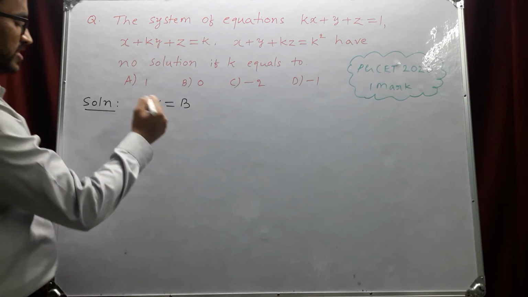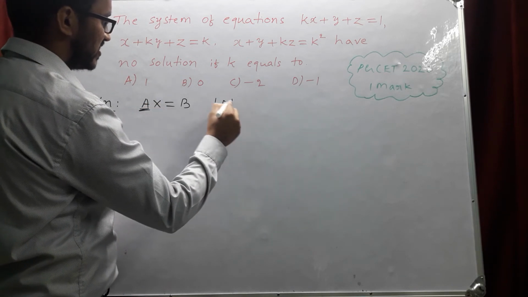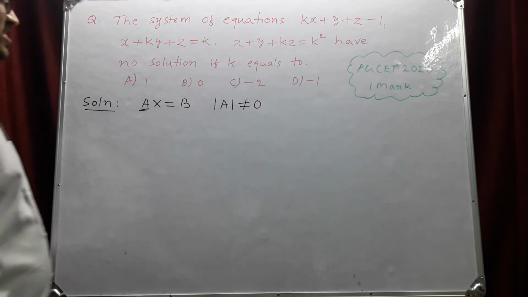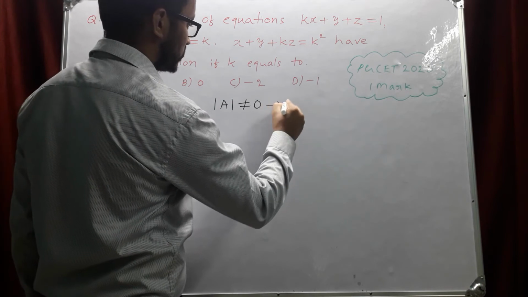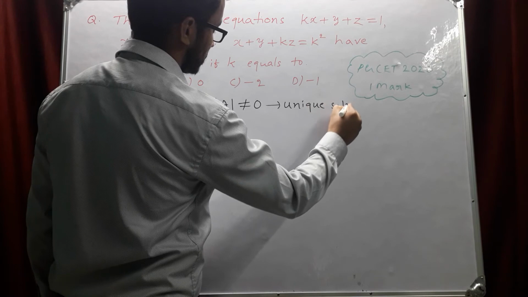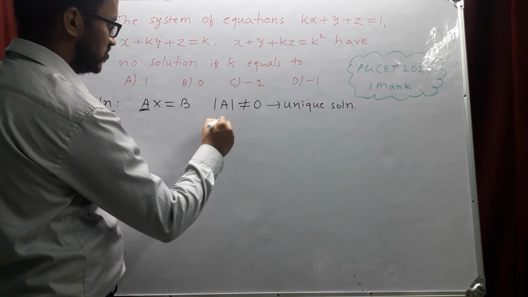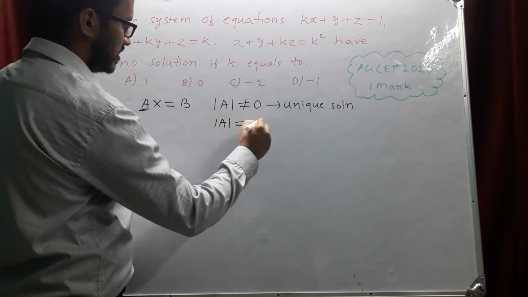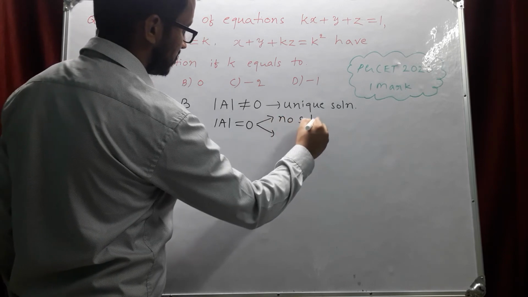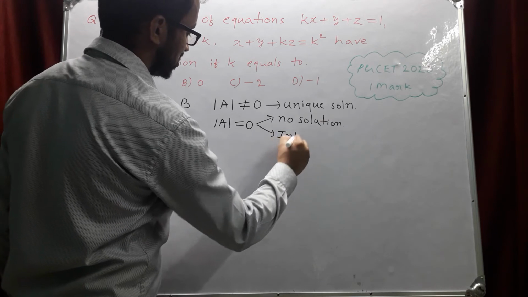So if you consider the coefficient matrix A, if the determinant of A is not equal to 0, then the system of equations has a unique solution. Again, if determinant of A is equal to 0, then the system may have either no solution or infinitely many solutions.